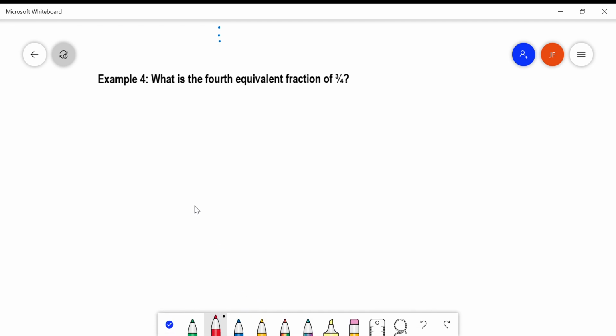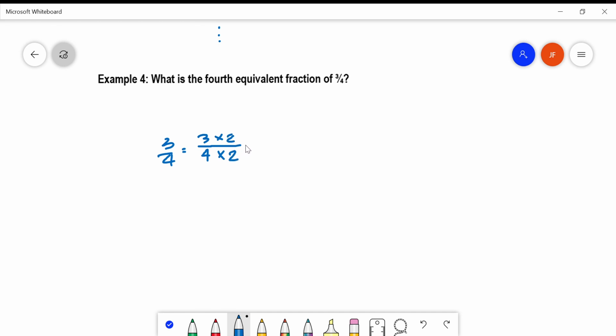Okay, so following the same procedure as example number 3, our 3/4 can be multiplied by the same number, both the numerator and denominator. We will not use 1 because 1 will not change the value of 3/4. Instead, we are going to use 2.